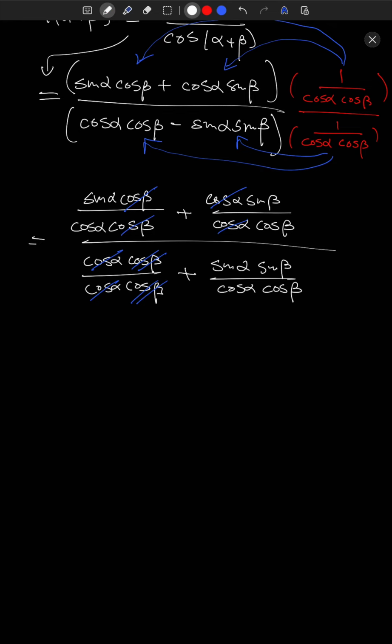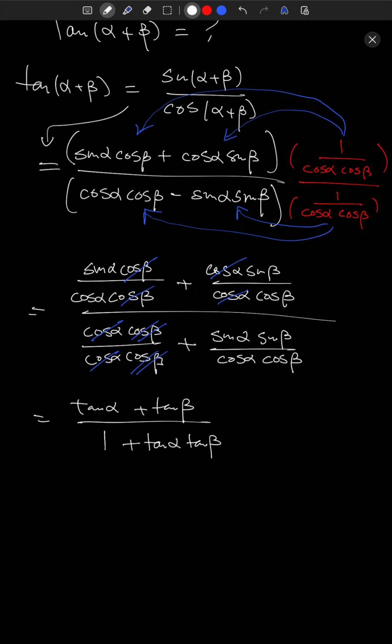However, sine alpha over cosine alpha for this first term is tangent. So that's tangent alpha. The second term, sine beta over cosine beta, is tangent beta. On the bottom, that's just a 1 because everything cancels away. And to the right, bottom right here, we have sine alpha over cosine alpha, which is tangent alpha, and then sine beta over cosine beta, which is tangent beta.